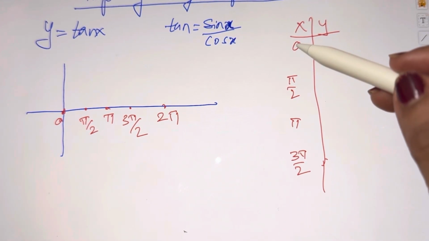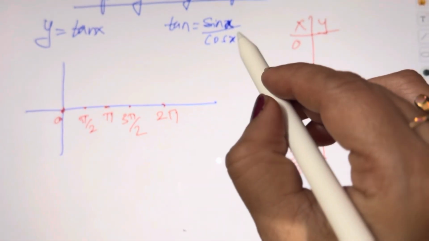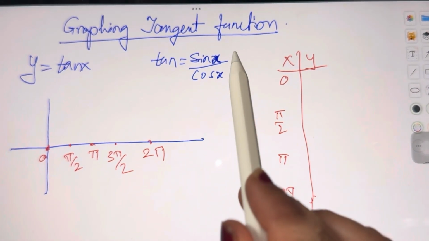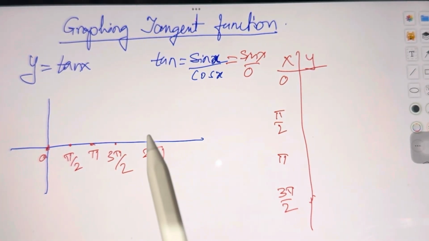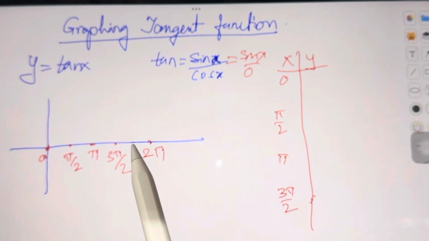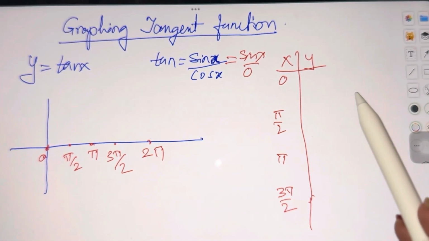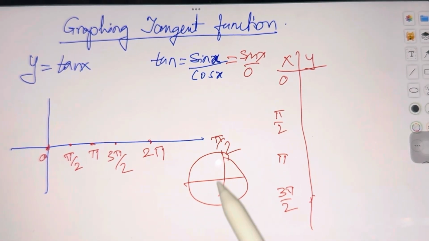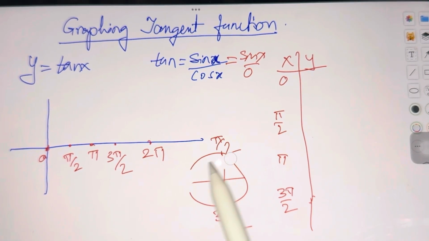Before I go to the other points, here is the thing. Whatever makes your cos 0, anything divided by 0 is undefined, right? So in that case it is undefined, which means it will give rise to a vertical asymptote. So what makes cos 0? If you see your unit circle, cos is 0 at pi by 2 and cos is 0 at 3 pi by 2. By this time, you must be good with this, right?